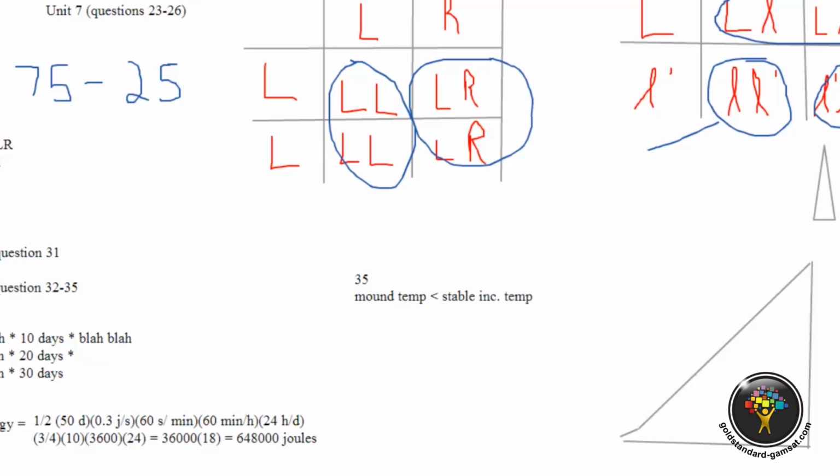Okay, so this is the first part of the statement that's provided. It's talking about ground temperatures below the stable incubation temperature. So if we have a ground temperature at the location minus the stable incubation temperature, this is going to be a negative value because the ground temperature is below the stable.